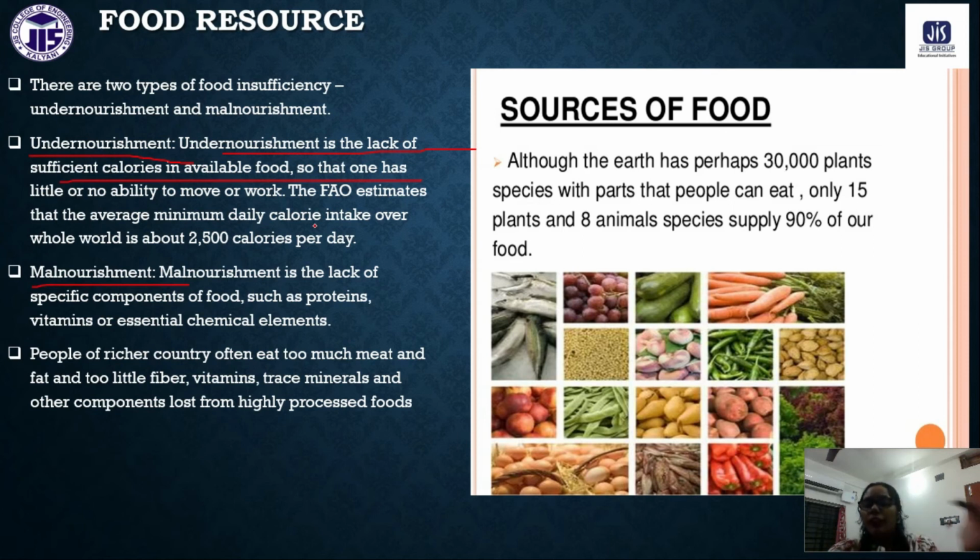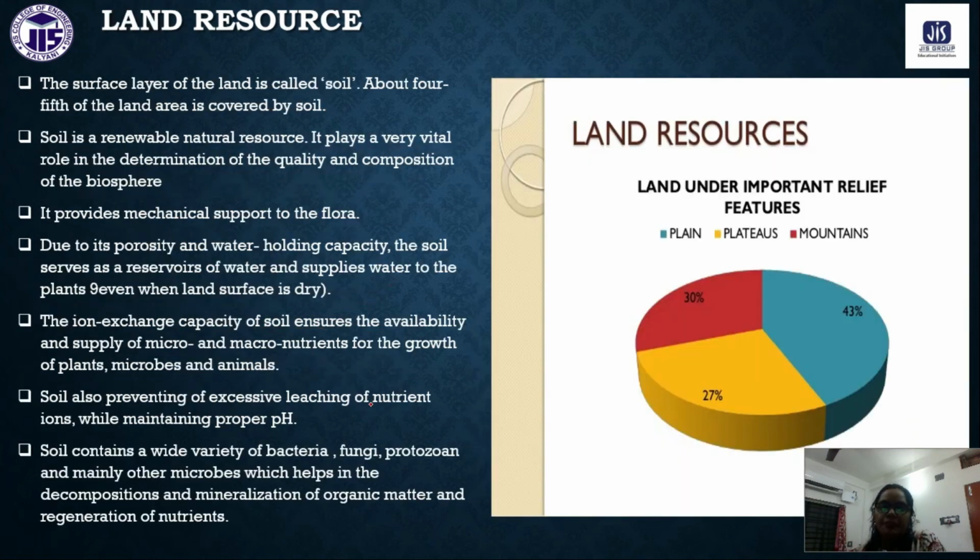Where there is a lack of availability of food, the term undernourishment is very common. And malnourishment is a lack of specific components of food like protein, vitamins, minerals, and essential chemical elements. That is called malnourishment.